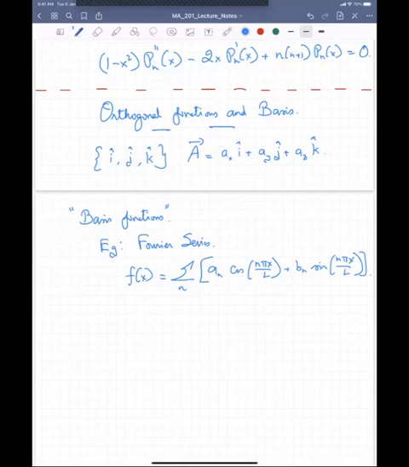Basically, what I'm claiming here is exactly what I'm claiming here, except that the number of components is, of course, large. So what I'm trying to tell you is that just like a vector A can be written as a linear combination of the basis vectors, a function f of x can be written as a linear combination of the basis functions.